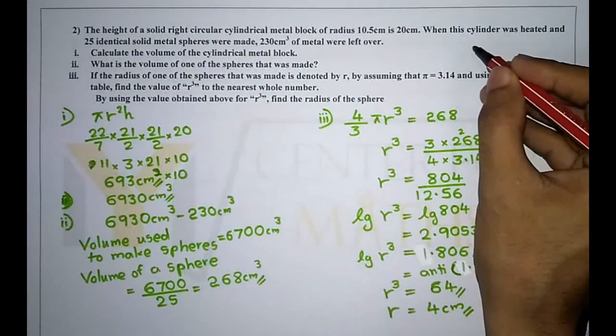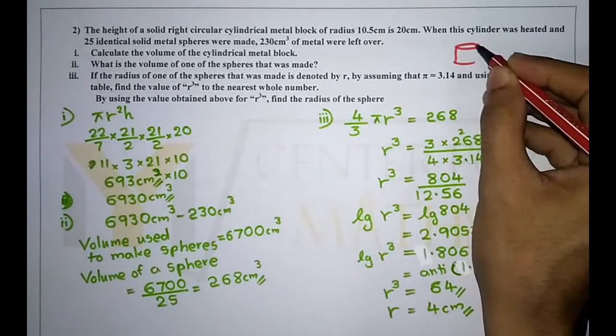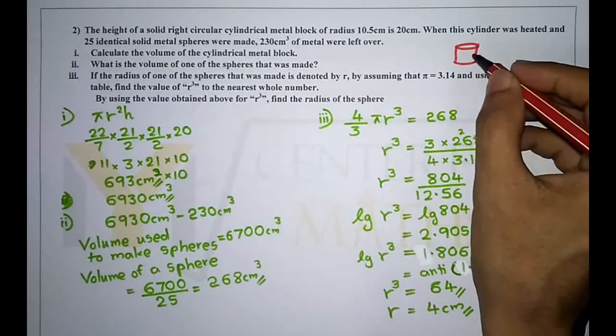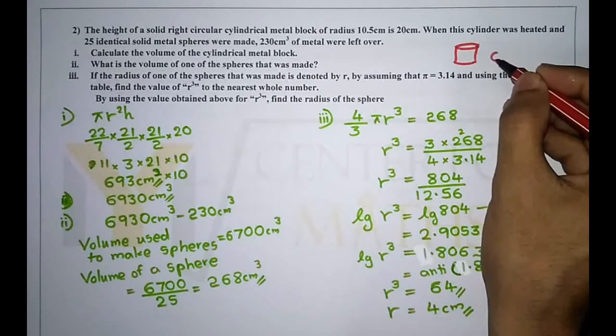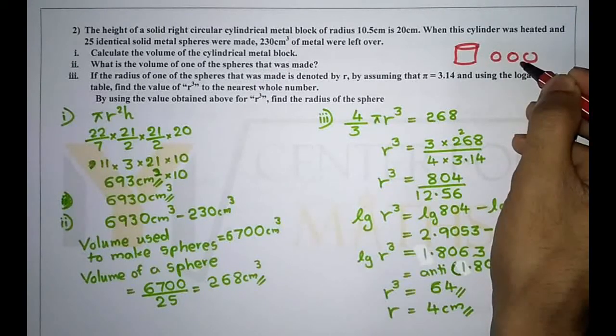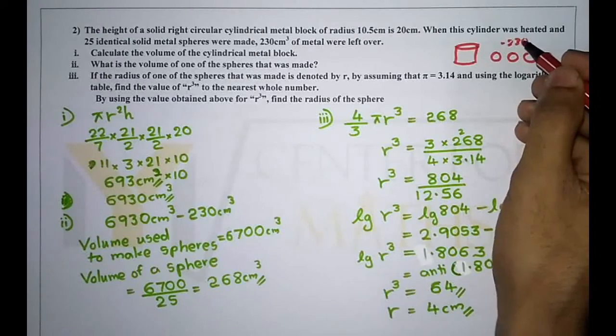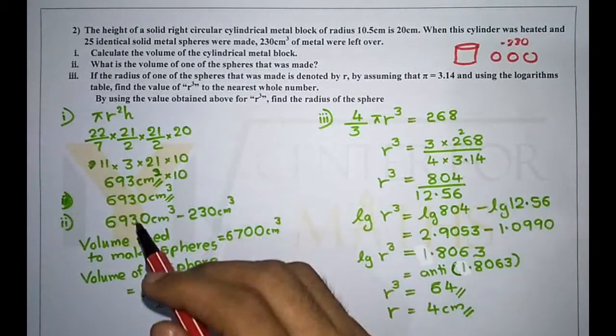I'm drawing a small rough sketch. You can see that here. There's a small cylinder, and after that, by heating this, they are making 25 identical spheres. Then after making those 25, 230 cubic centimeter of metal is left.